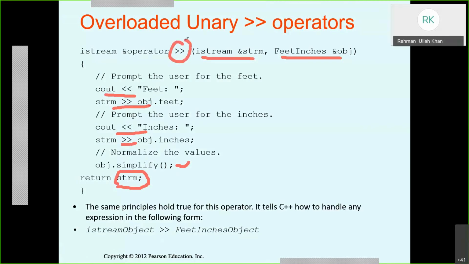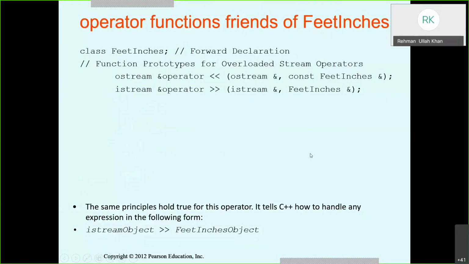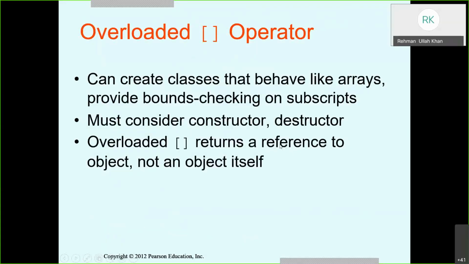Once we have overloaded this one, we can directly use it like this. We no longer need a setter and getter function. So actually these two operators are replacing the setter and getter functions. If you don't overload them, then you will need member functions to initialize the data with some values. This is the same procedure.